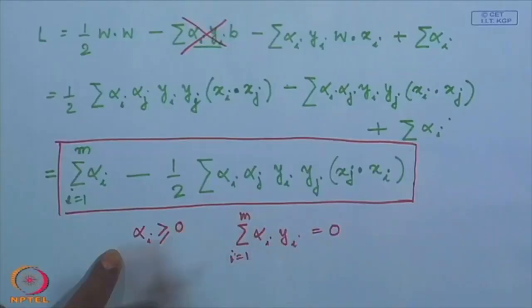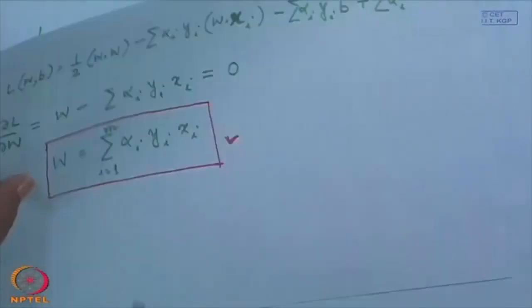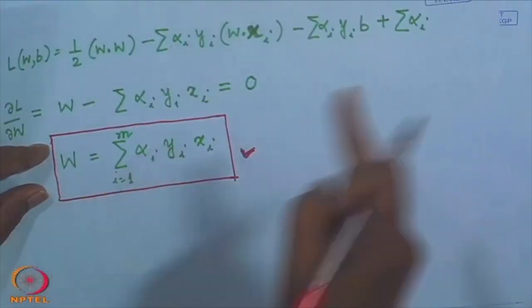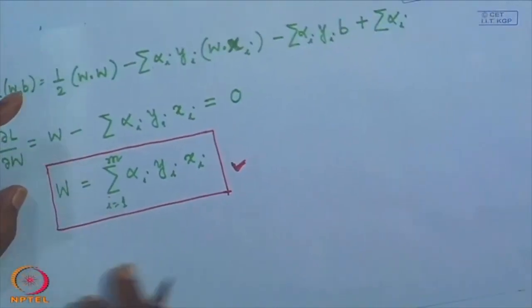So, what I have to do is use these alpha i's, with which the value of w that I compute goes into my decision making process.